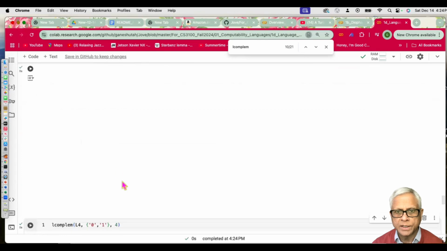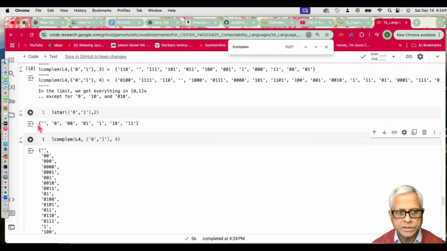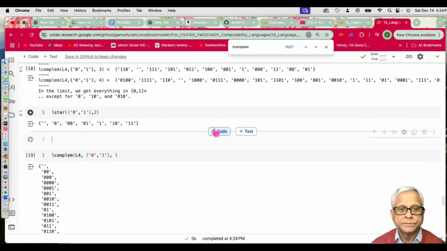So let us look at that. L star requires a language and a bound. The star can be applied to any language, but it can also be applied to an alphabet.